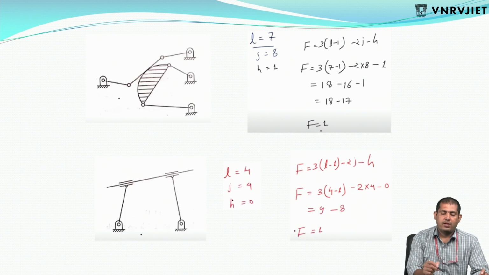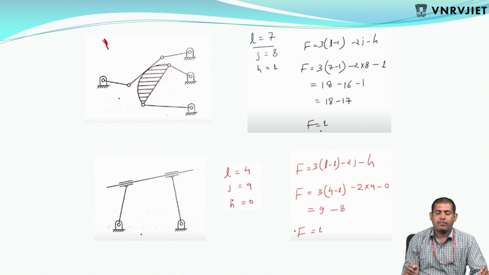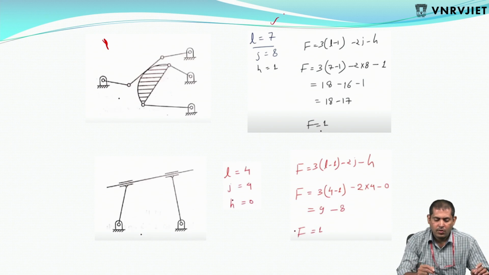For example, if you consider case 1. Here the number of links is 7. 1, 2, 3, 4, 5, 6 and the overall structure is 7. 7 links. Joints are 8. 1, 2, 3, 4, 5, 6, 7, 8. 8 joints.